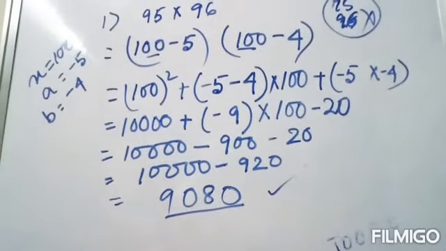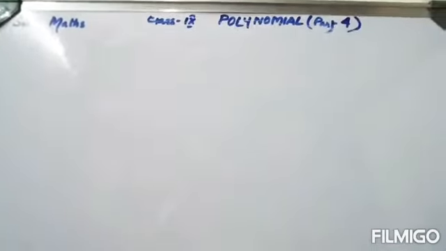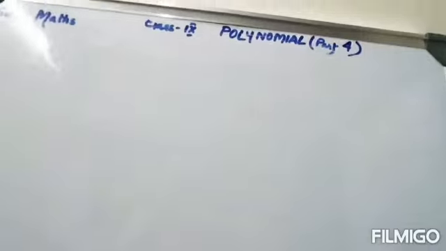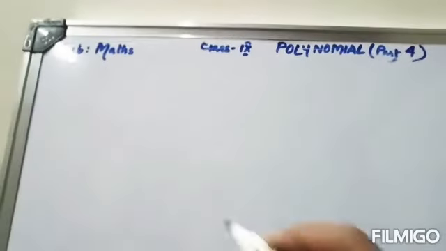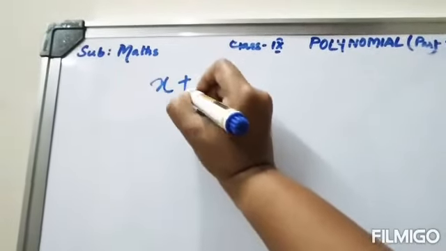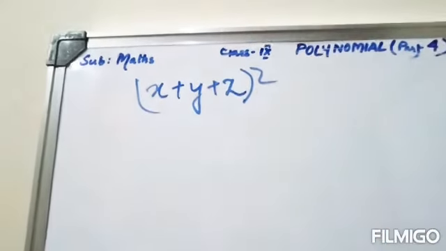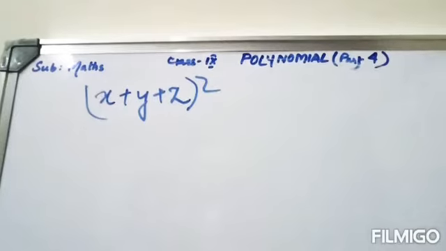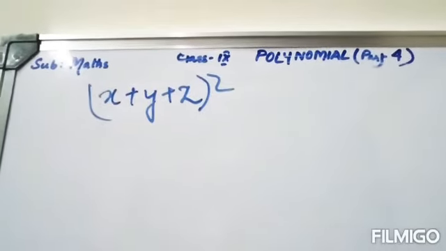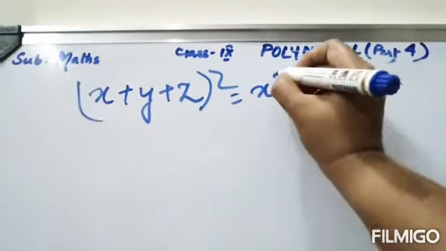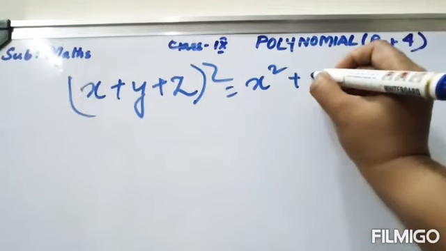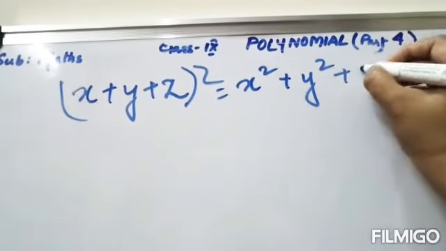Now we'll talk about another identity where three variables are given, like x plus y plus z whole square. What will it be? It will be x square plus y square plus z square.